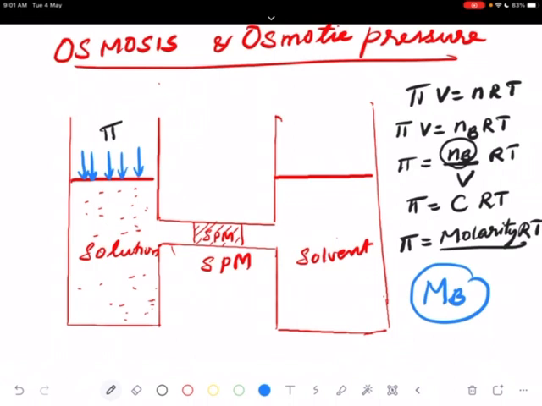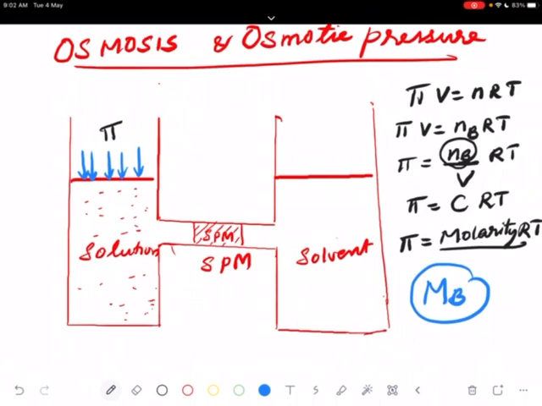You have to dissolve that solute in that solvent, as in the case of elevation in boiling point, depression in freezing point. So polymers have poor solubility, so not through BP or FP. And now this method is used to determine the M_B of proteins and other macromolecules. So these are the advantages of osmotic pressure over elevation in boiling point, depression in freezing point, or relative lowering of vapor pressure.